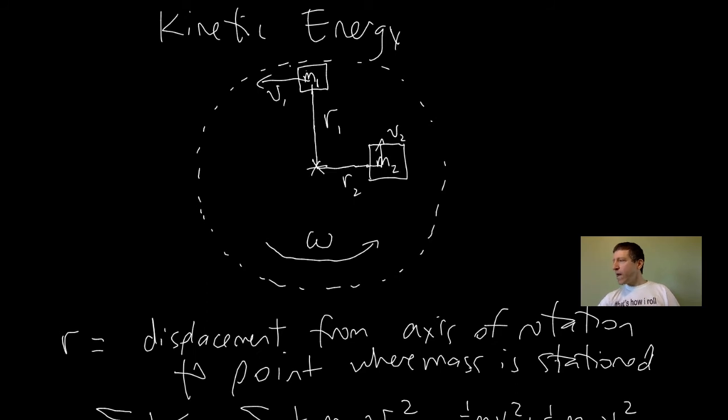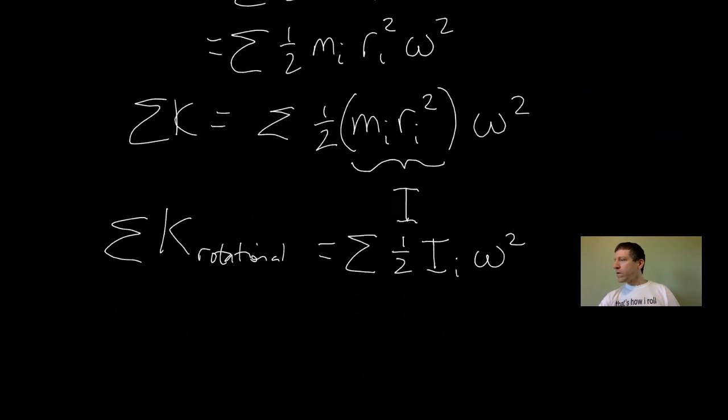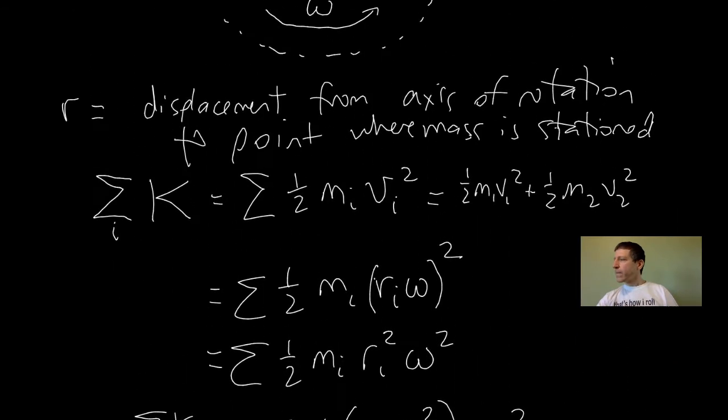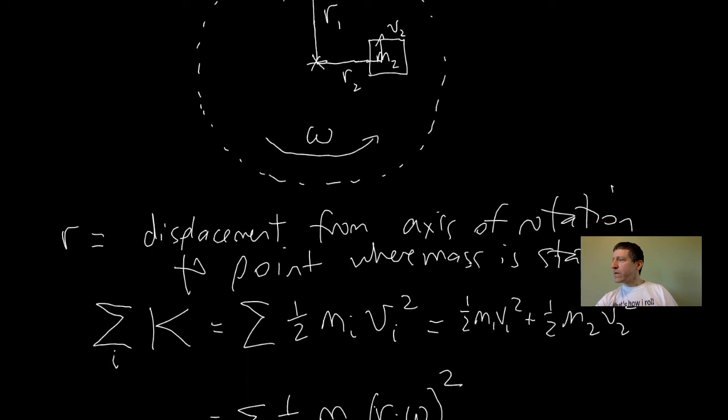So you can express the kinetic energy as this, or you could do it like this: 1/2 I1 omega squared plus 1/2 I2 omega squared. Now notice that the omega is the same for both of these because they're on the same massless spinning disk.